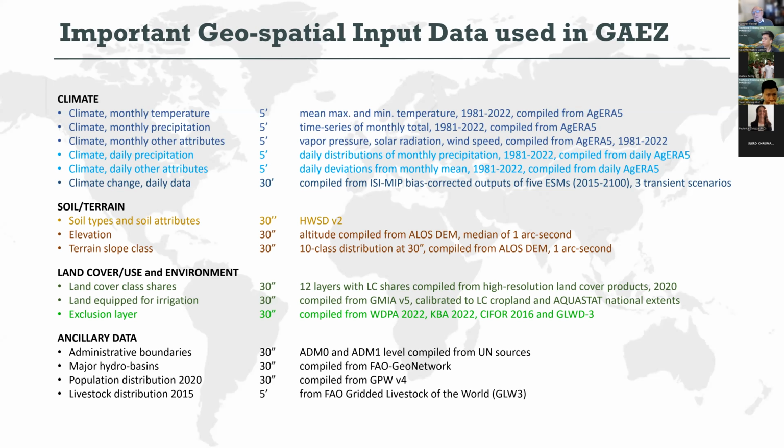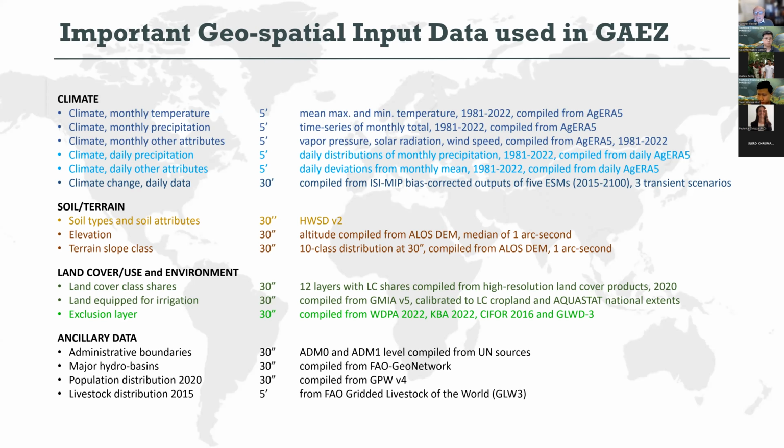The altitude is compiled from the ALOS 1 arcsecond, 30 meter data, and represents the median of all the subgrid cells in a 30 arcsecond grid cell. And the terrain slope classes are distributions of the 1 arcsecond slope gradient data that have been calculated and assembled into 10 classes.